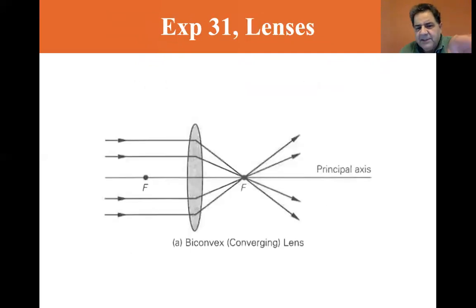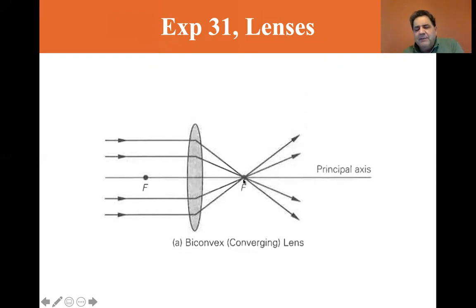Here are some lenses. The biconvex lens is a converging lens. You can see all the lines come and they go through the focal point on the other side. There's a focal point on one side. You know, here's a curvature of radius, so the C is probably over here, and there's probably a C over here, but you get a focal length on either side.